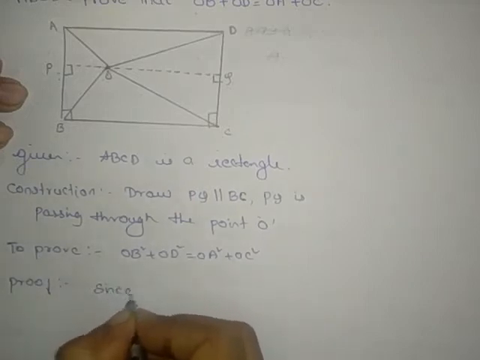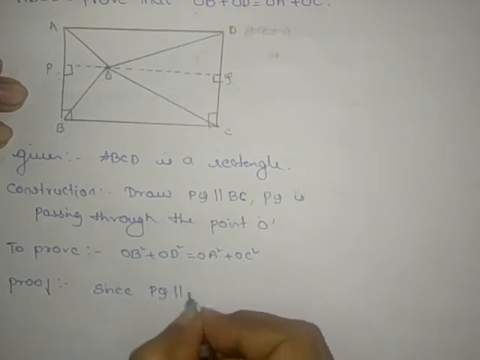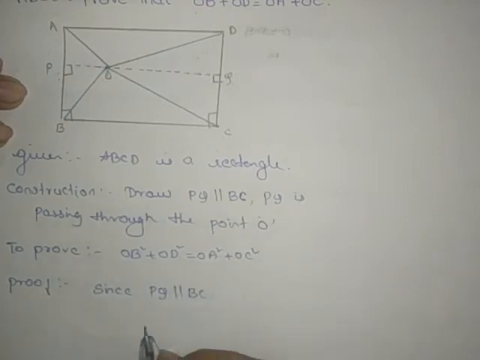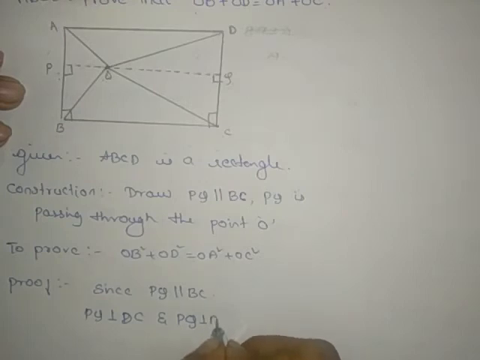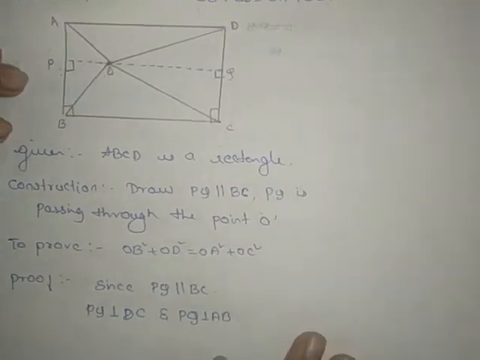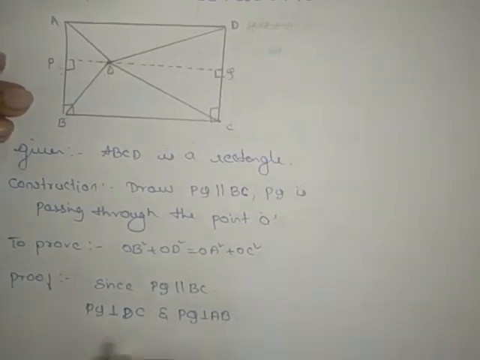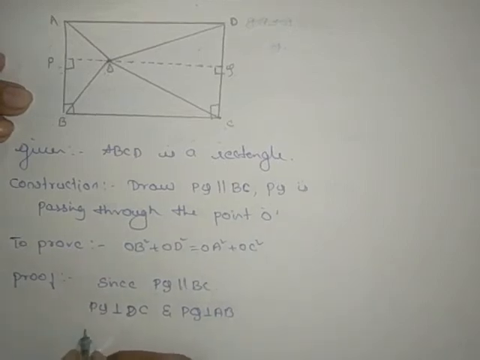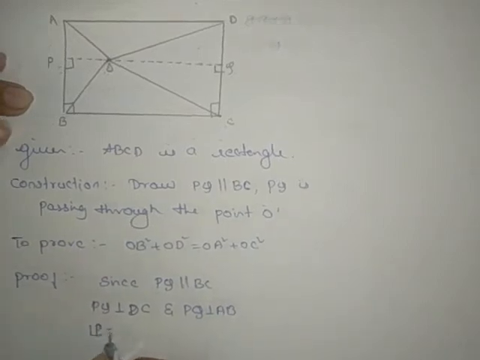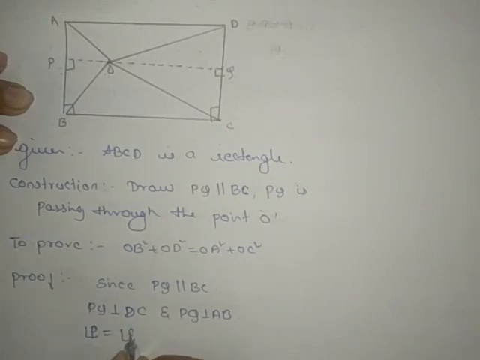since PQ is parallel to BC, right? Now PQ is perpendicular to what? DC, and PQ is perpendicular to AB here, and also we know that angle P is equal to angle Q is equal to what? 90 degrees.